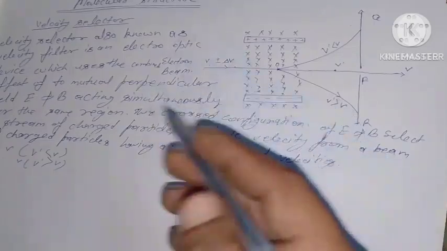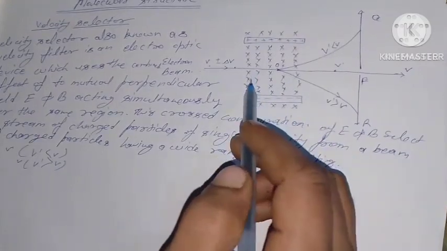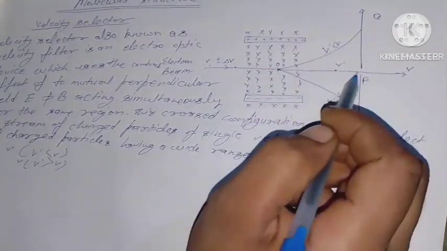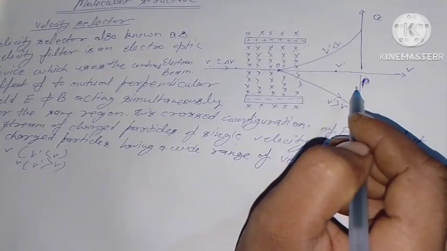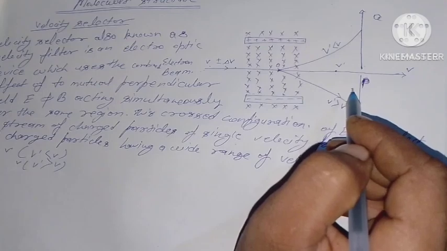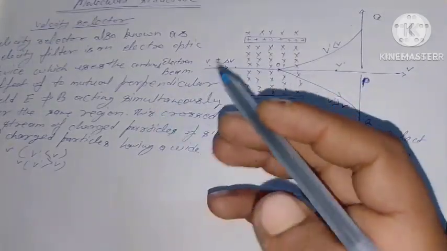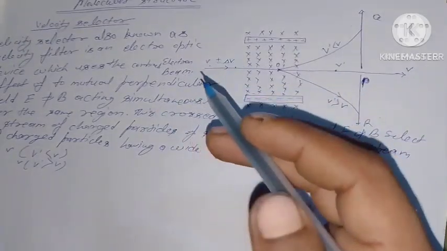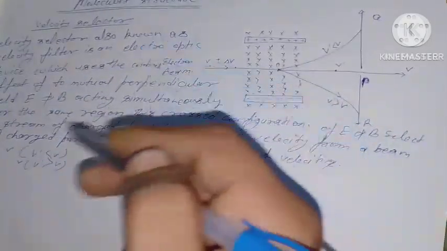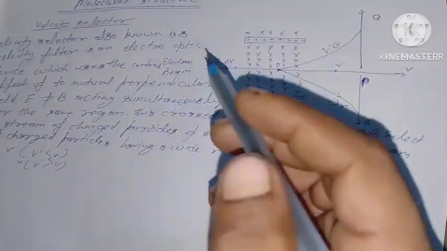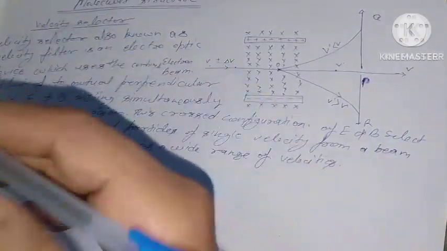Thus a strictly homogeneous single velocity electron beam traveling along OP is obtained. This arrangement is therefore known as a velocity selector or a velocity filter. This forms an essential component in the Bainbridge mass spectrograph.